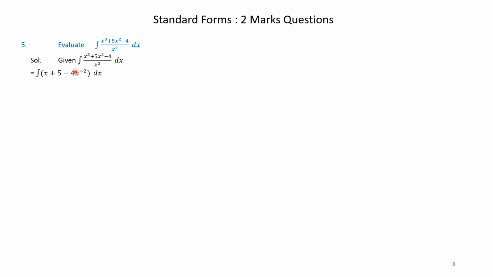So, 4 over x square, when the x square goes to the numerator, it is x to the power of minus 2. Therefore, the given integral becomes integral of within brackets x plus 5 minus 4 into x to the power of minus 2. Please write it separately and calculate yourself.